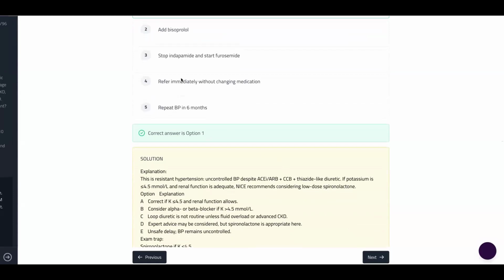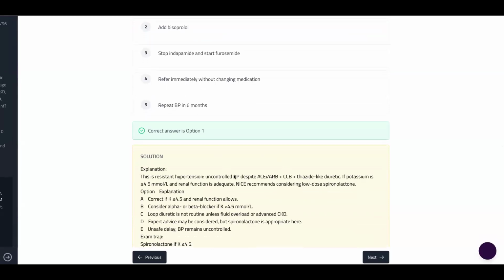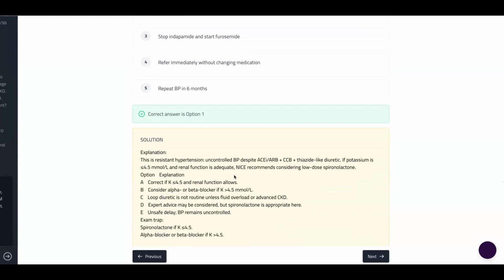Okay. If you consider that this is resistant hypertension. This patient, you mean refer immediately without changing the medication? I don't know, immediately is a little confusing. That is why we excluded it here, that's the squeezing point.